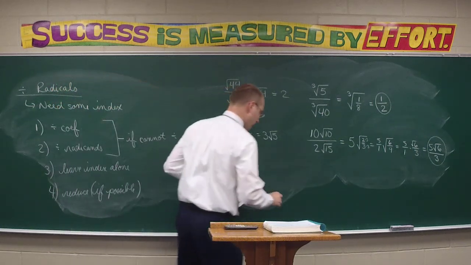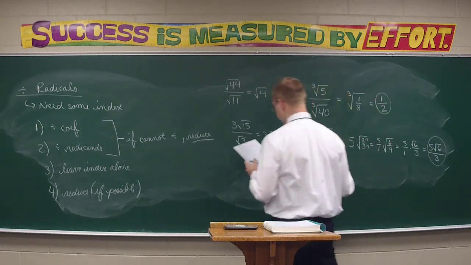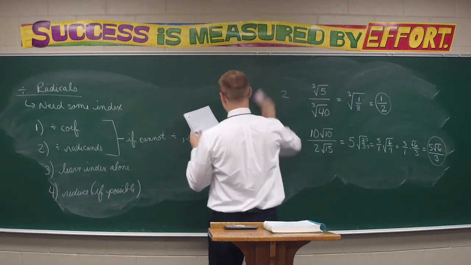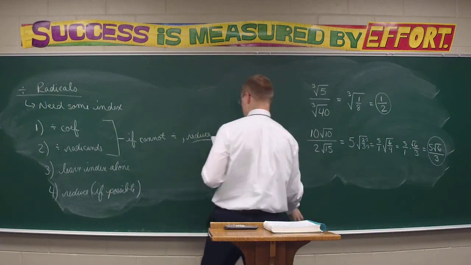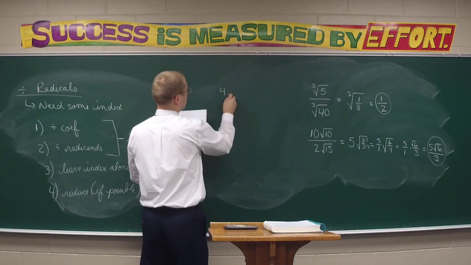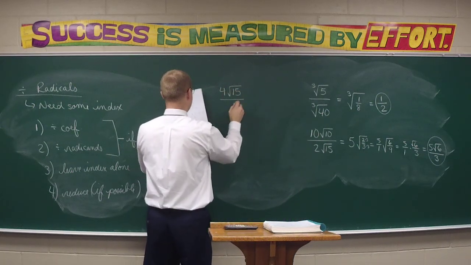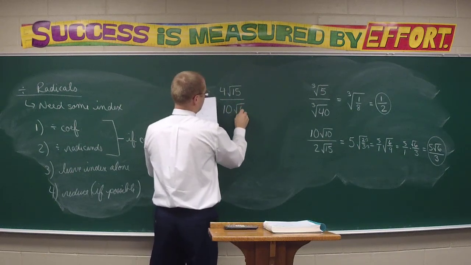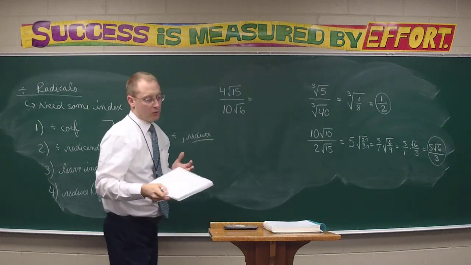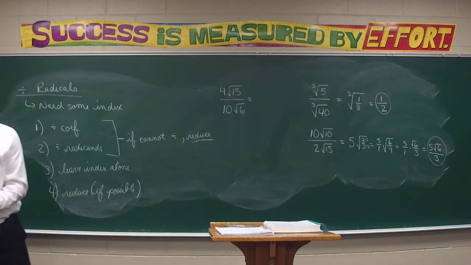Write this one down. 4 times the square root of 15 divided by 10 times the square root of 6. What am I going to have to do here, Brandon?